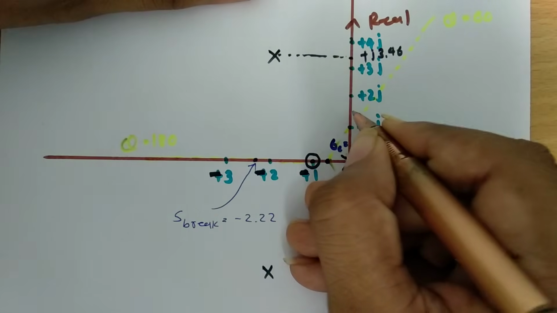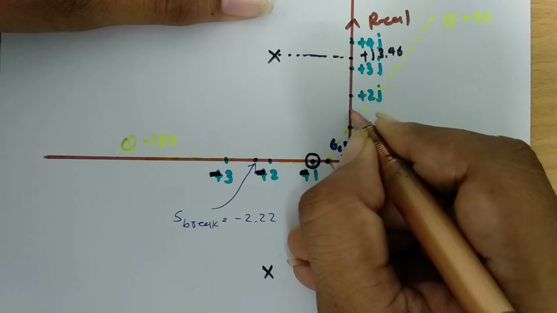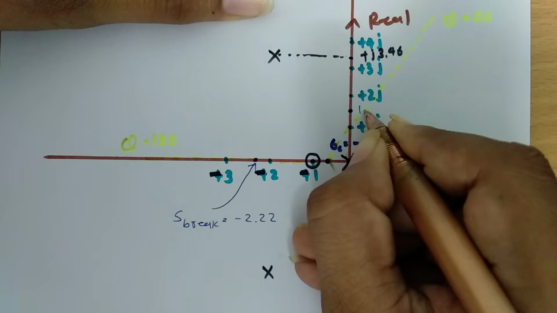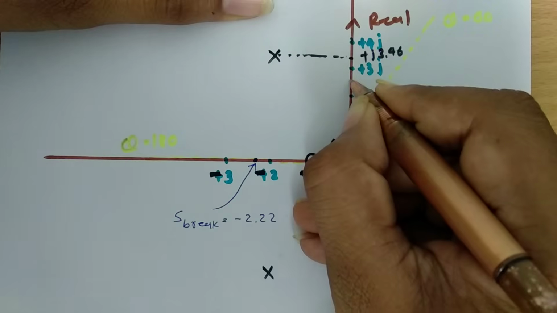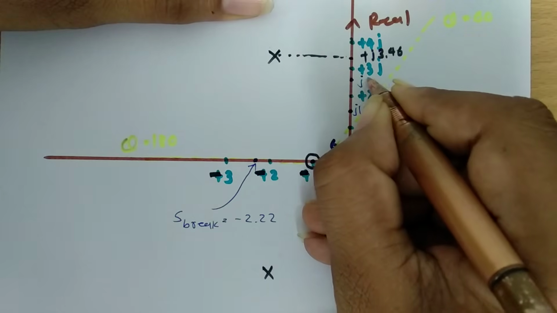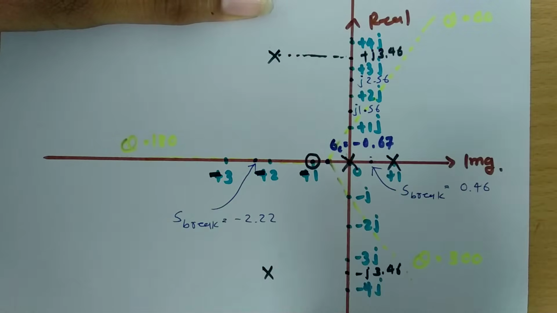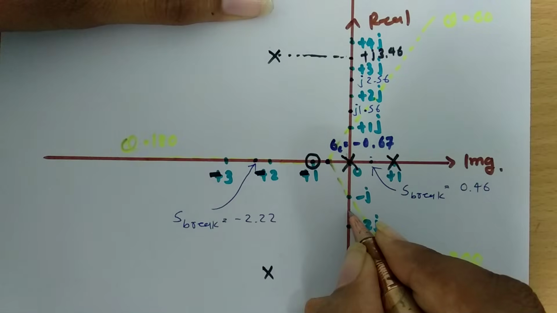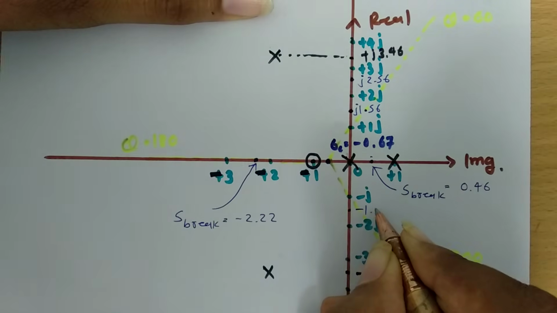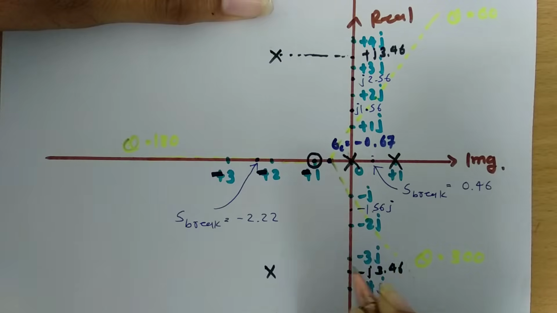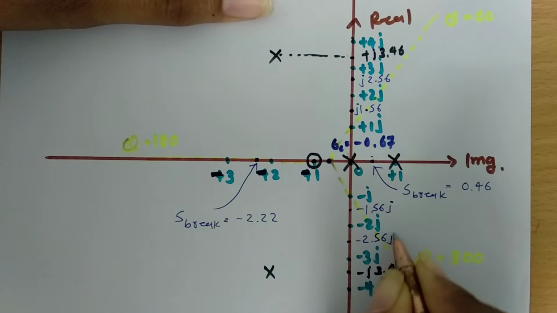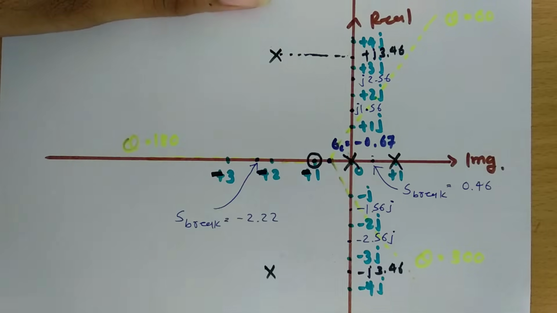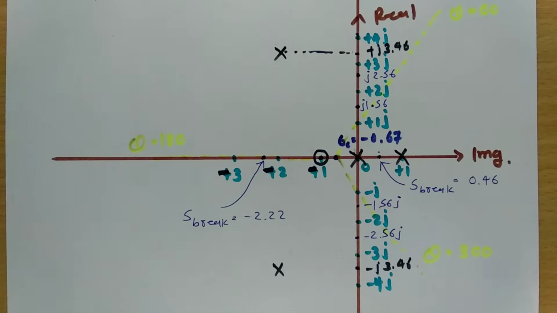So plus j 1.56 is over here, and j 2.56 is over here, and over here minus j 1.56, and over here minus j 2.56. So this is our intersection with the imaginary axis, which is what we have calculated.